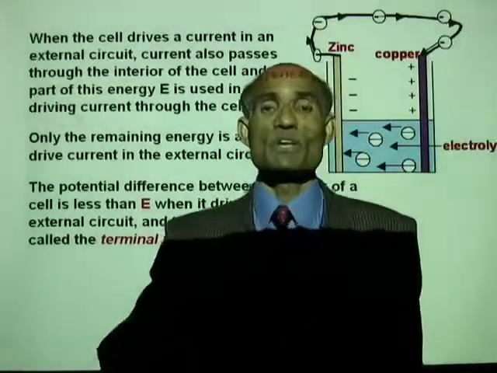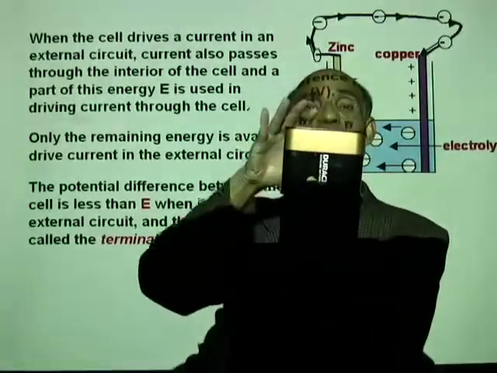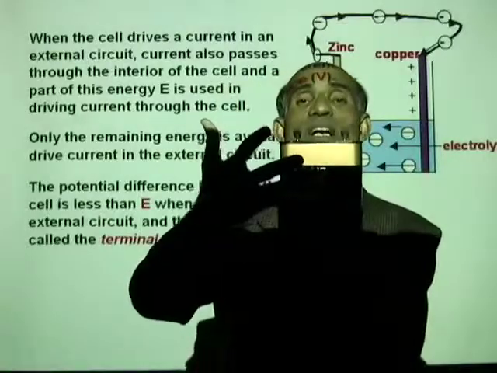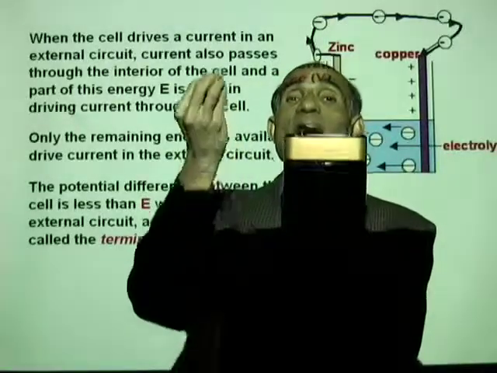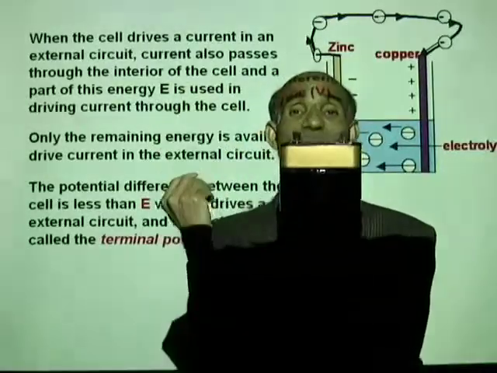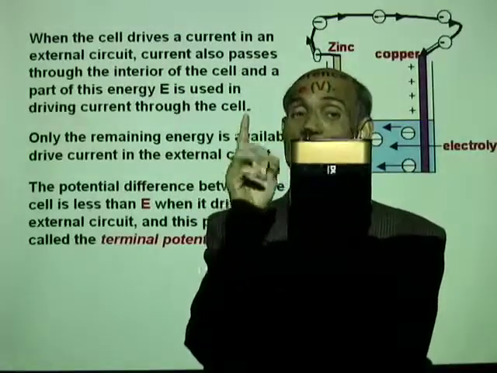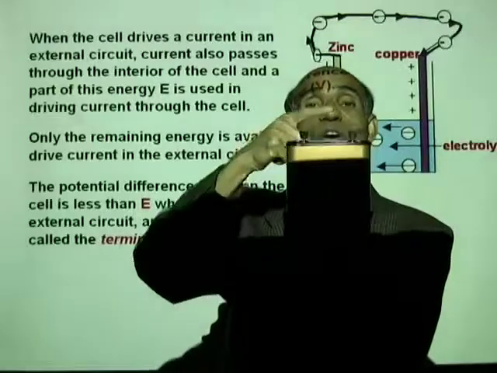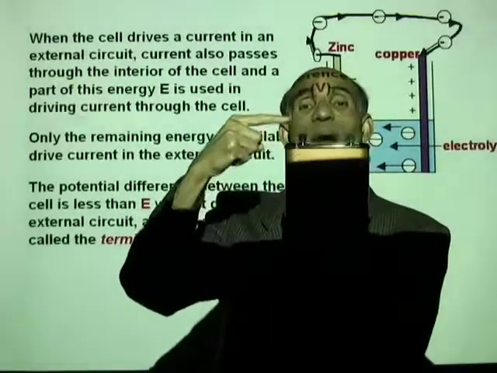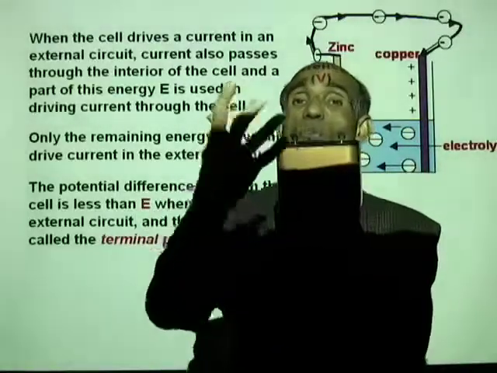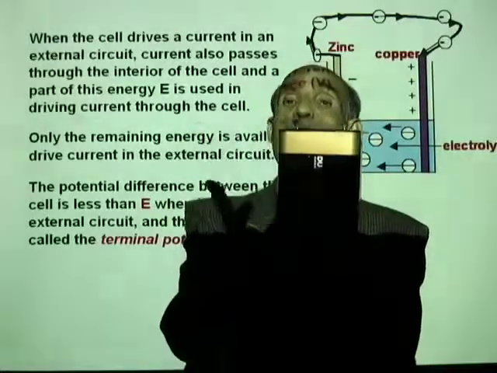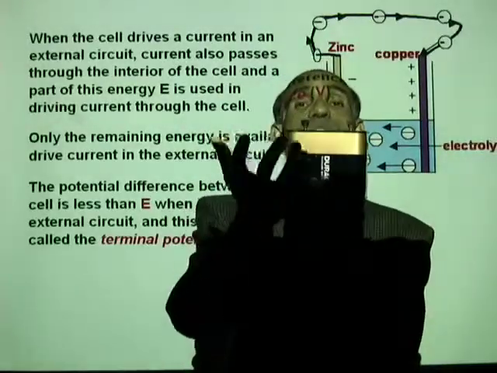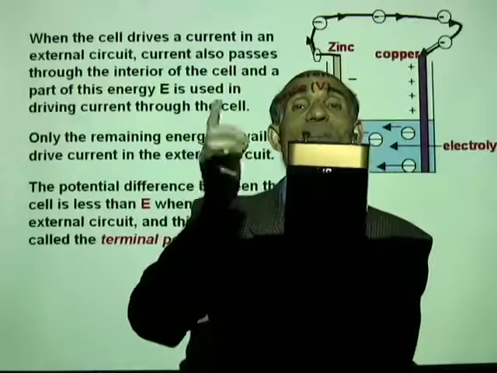You see, if you now connect this cell to a voltmeter, it will measure the actual EMF of the cell. But if you connect a conductor across the cell, which will then allow a current to flow, the voltmeter reading will fall. The voltmeter reading will be less than the EMF.